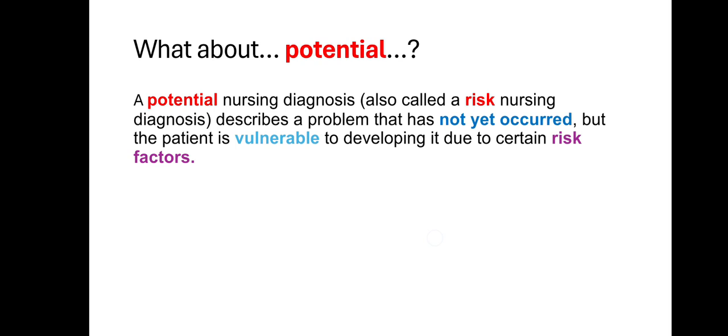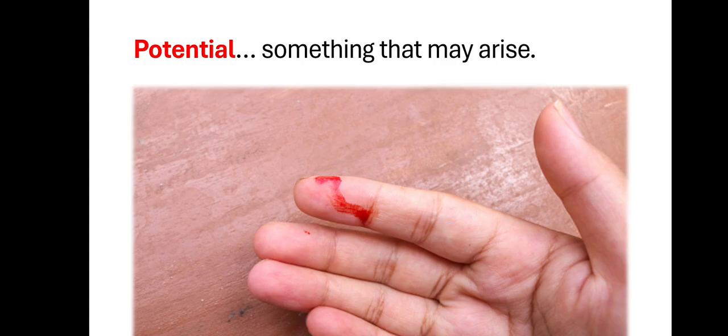Just like the slide that we are looking at, the person has a cut, meaning that they are vulnerable to developing that particular kind of infection due to certain risk factors. What are the risk factors of that wound? The risk factor is that microorganisms are all over the body surface. So if it stays like this, they can easily migrate and infect the wound. You get it?